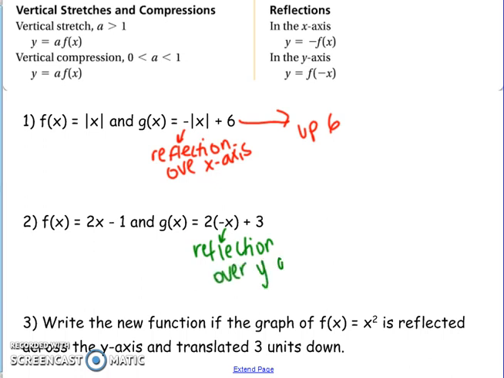And even though we have a plus 3, technically it would move up 3 from the y equals x function, but we're translating it from the 2x minus 1 function, so it's actually going to move up 4 because it's going from negative 1 to positive 3. So that's an increase of 4.